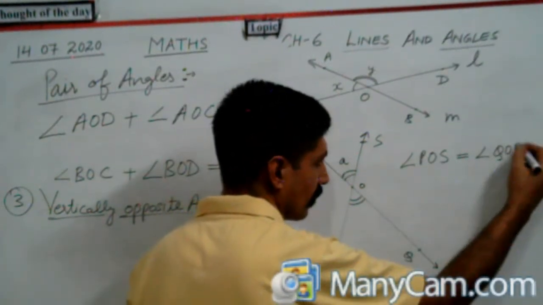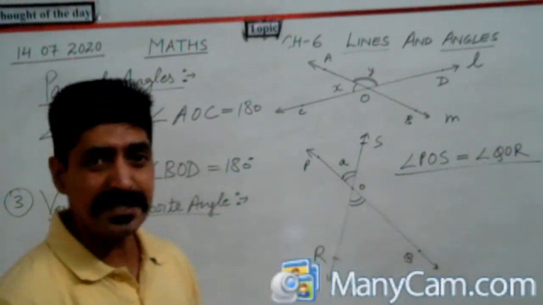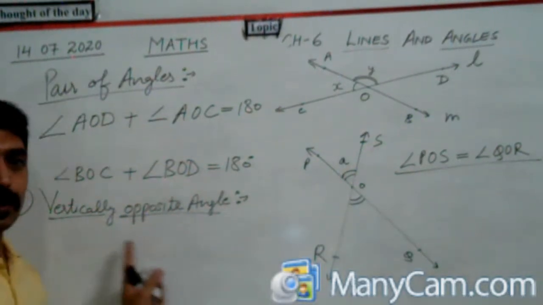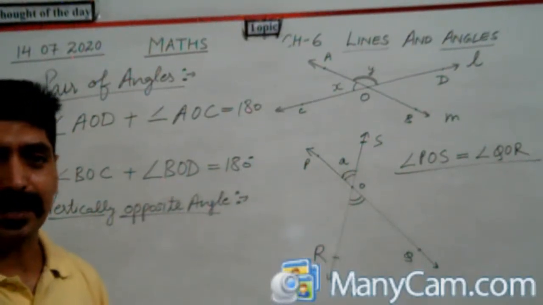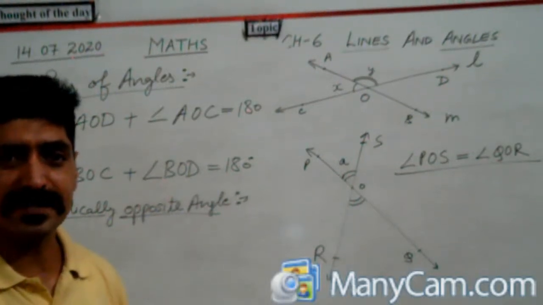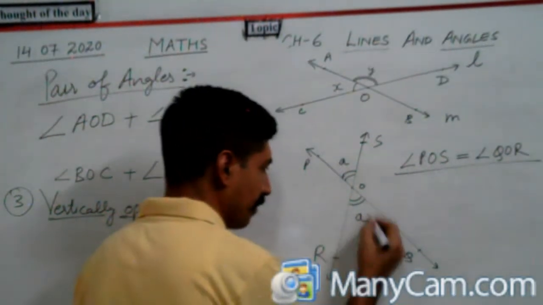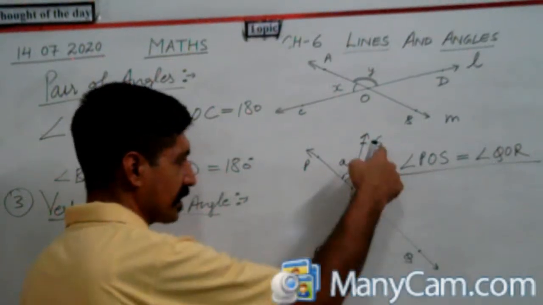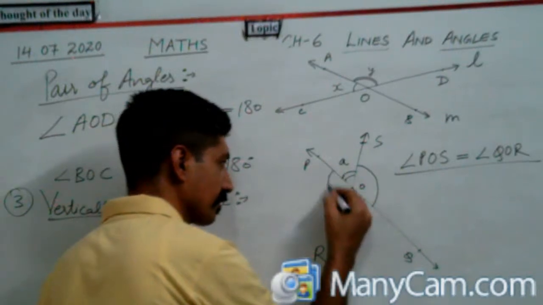Angle POS and QOR, these angles are called vertically opposite angles, and the vertically opposite angles are always of the same measure. They are of the same degree. If this angle is A, then this angle must be A. Now, what about angles POR and QOS? These angles are also vertically opposite angles.